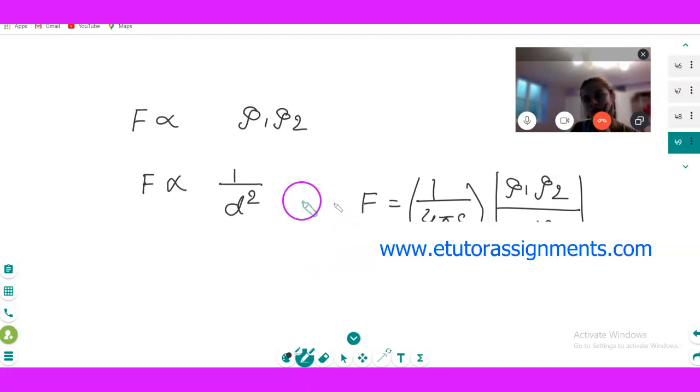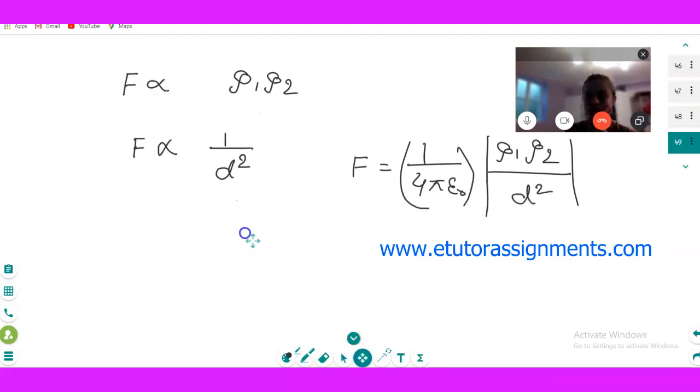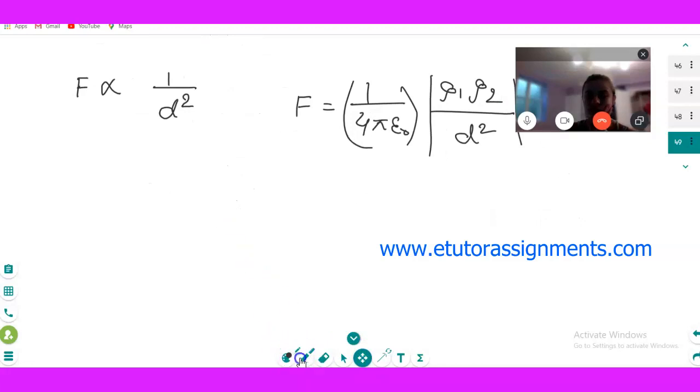Attract or repel? They repel. Positive repels positive, negative repels negative. Then what about opposite charges? They attract. But the force magnitude will remain the same.